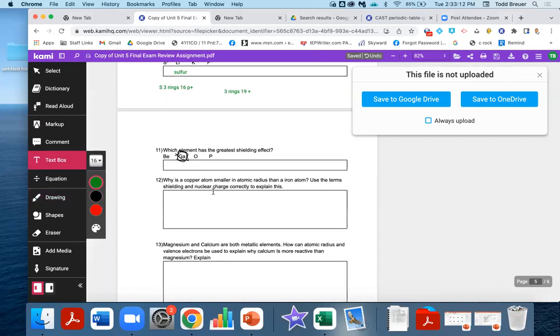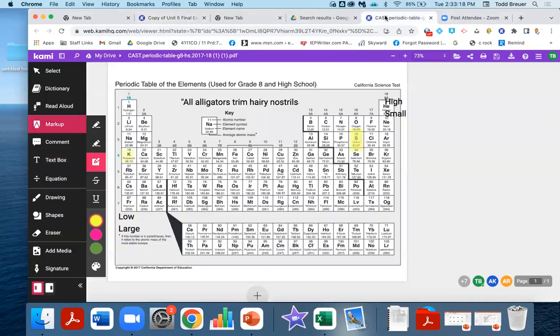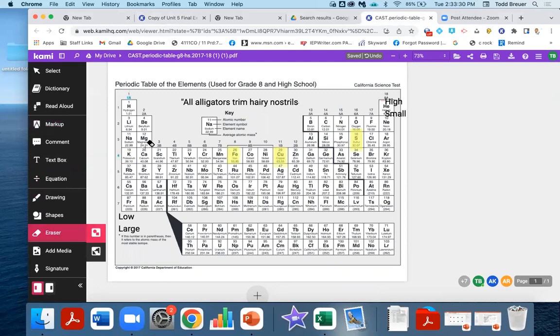Why is a copper atom smaller in radius than an iron atom? Well, let's take a look at that. When we look at copper and iron in the same period, to draw a model for each of these would require 4 rings.